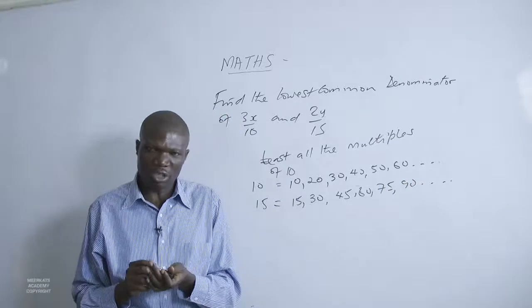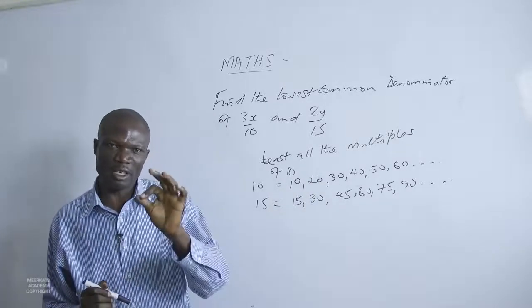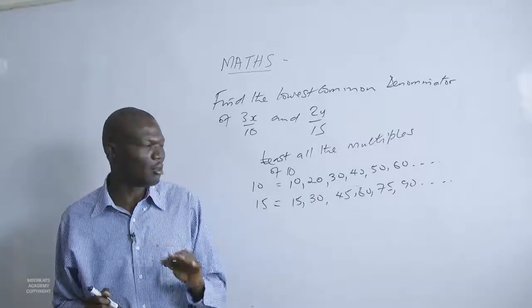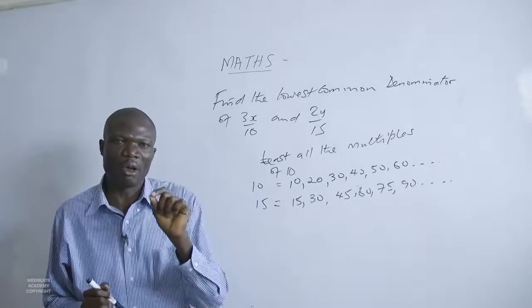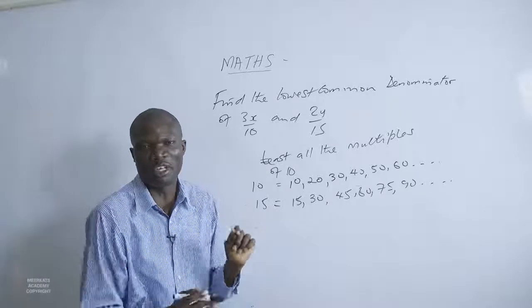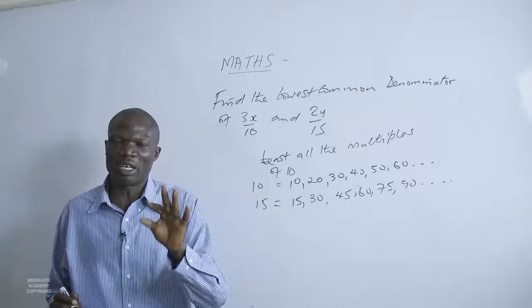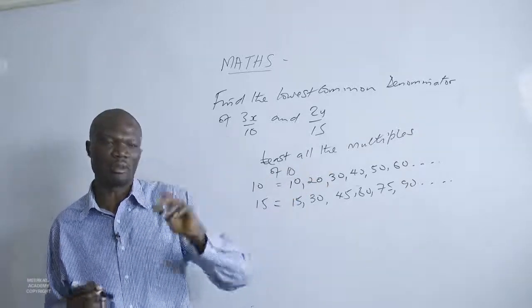Now, among the multiples of 10 and the multiples of 15, which one is the least and is common? That's why we call it the least common multiple, and that least common multiple will form the least common denominator.